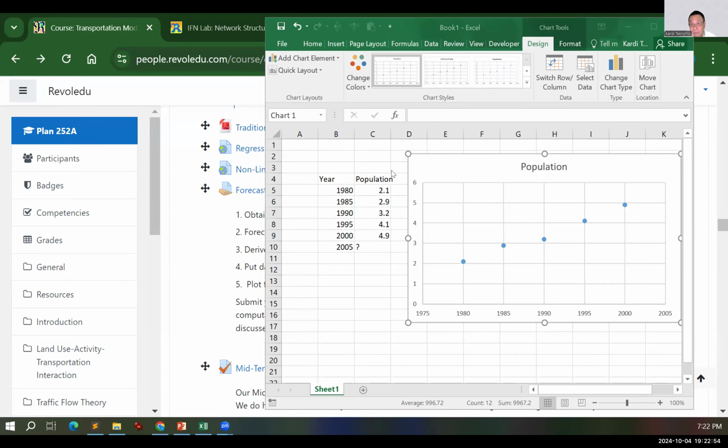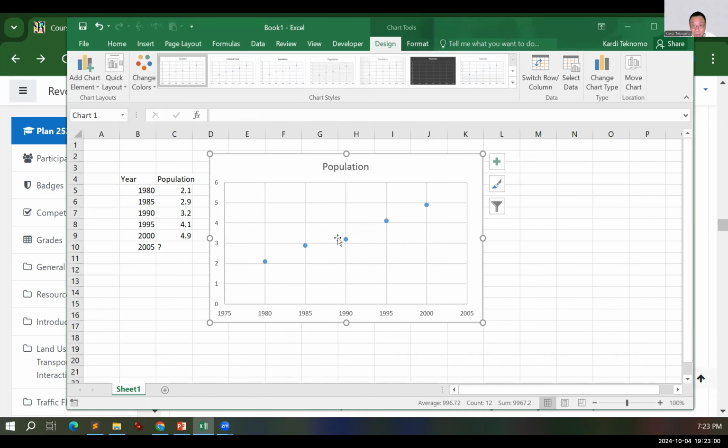Let me open the Excel. Many of you already know how to do regression.